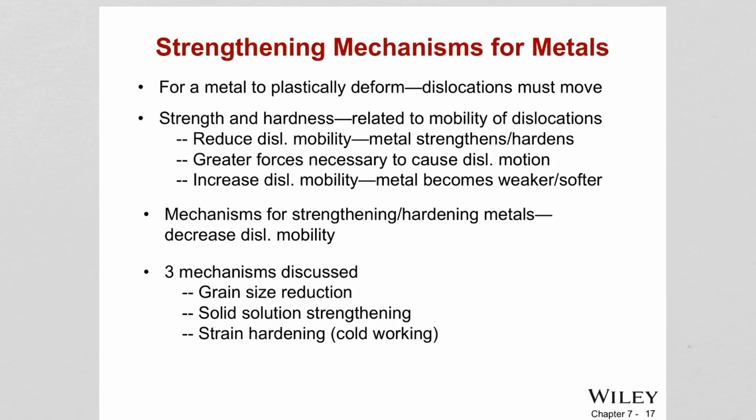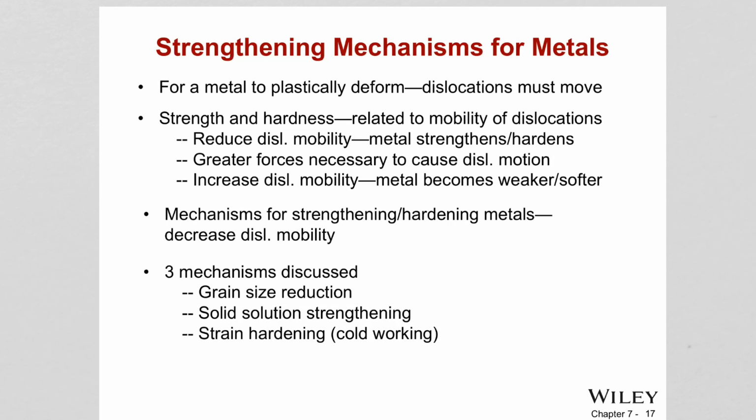Then we need to apply more and more force to get over those obstacles. So this is a way to strengthen the material. Since dislocation motion is responsible for the yielding to start, let me then stop those dislocations from moving. Then I need to apply more than the yield stress that is required without the obstacles.